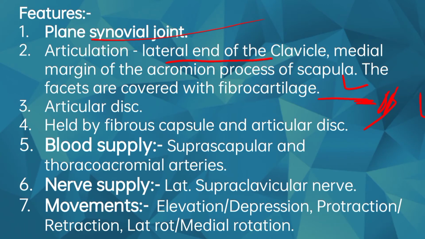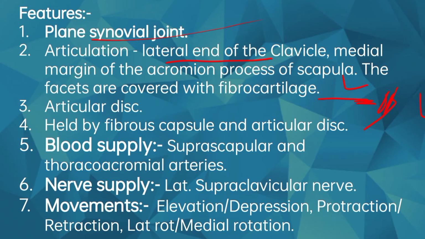Likewise, we have an articular disc here as well, which may have perforation. The bones are held together by a fibrous capsule and by the articular disc. However, the main bond of union between the scapula and the clavicle is the coracoclavicular ligament.